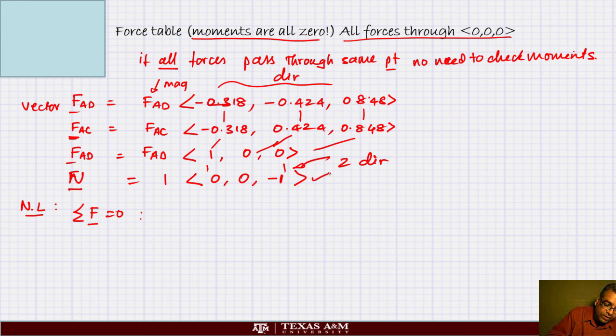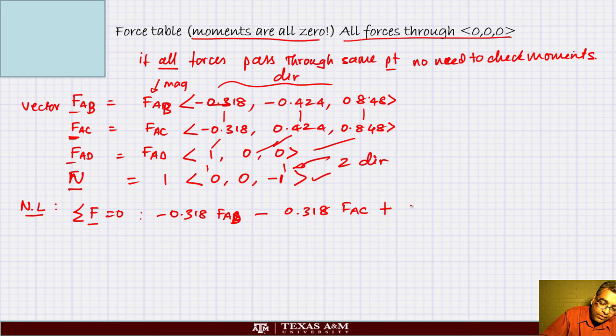Summation of all the forces equal to 0 gives me minus 0.318 FAD minus 0.318 FAB, plus FAD equal to 0.